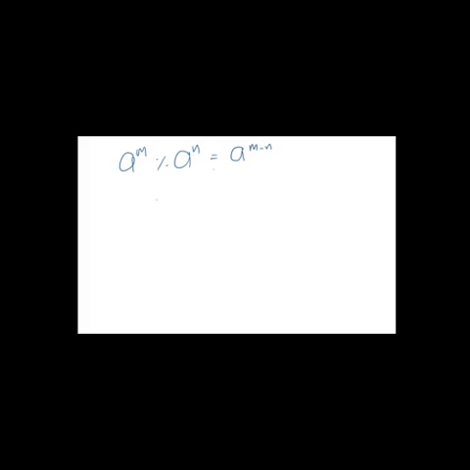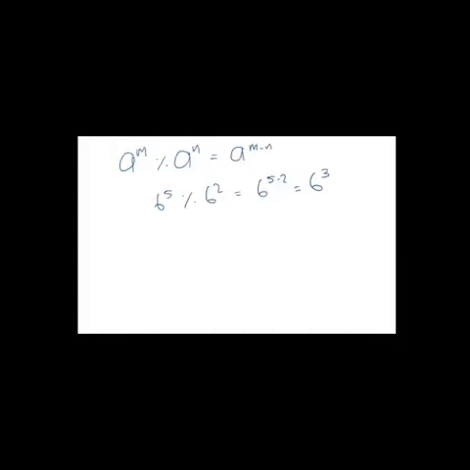So an example of that would be 6 to the power of 5 divided by 6 to the power of 2, which is going to be 6 to the power of 5 minus 2, and hopefully you don't need a calculator for that, is 6 to the power of 3, and you may need a calculator for that, but let's go to our table. 6 to the power of 3, we find, is 216.